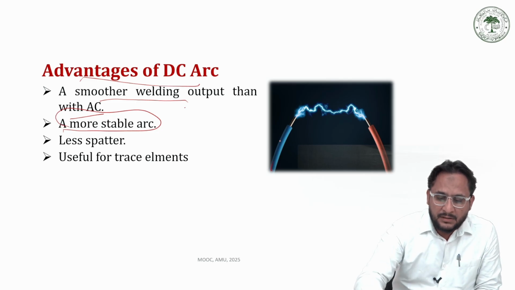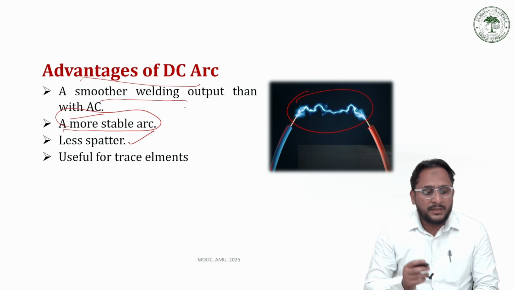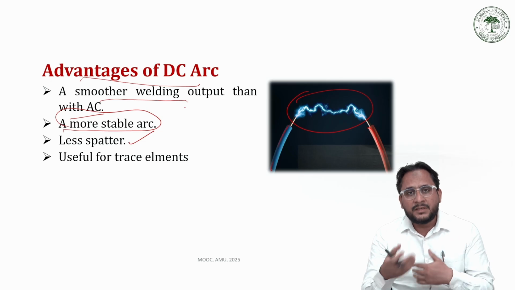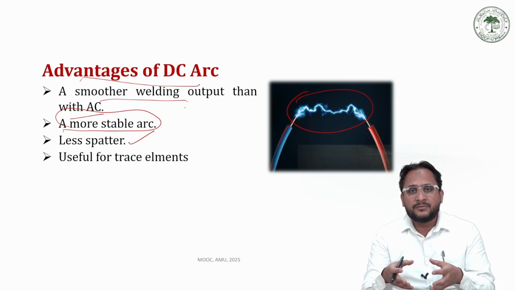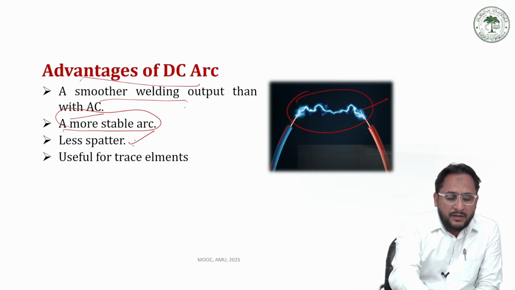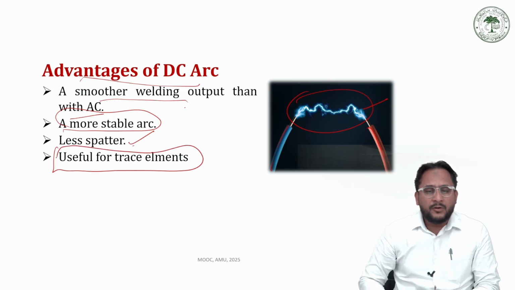You can see here this arc between two electrodes, it has very high energy. Further, it has less spatter, meaning most of the sample is getting transformed into vaporized and ionized form, so the chances of diminishing of this arc or lowering of its energy are very low. And above all, it is useful for trace elements.